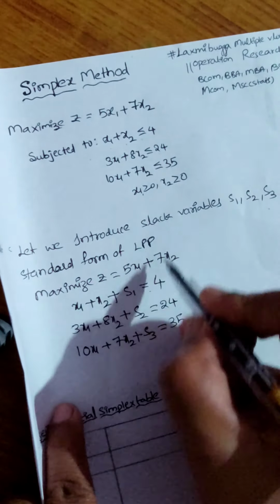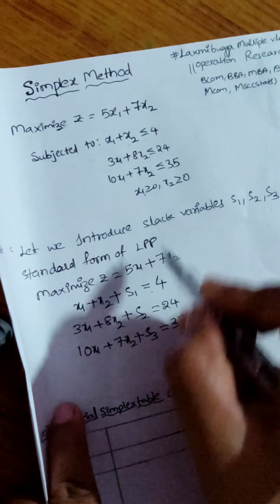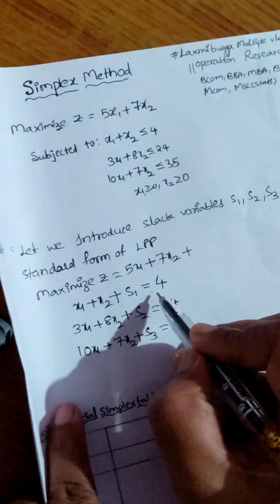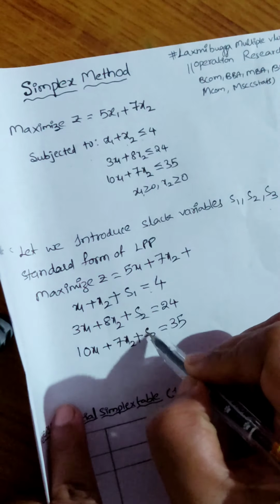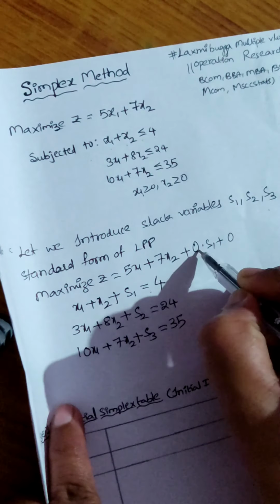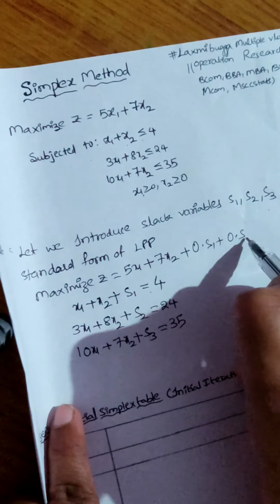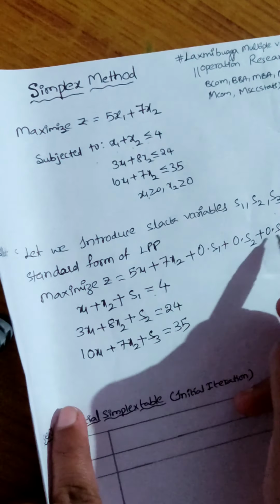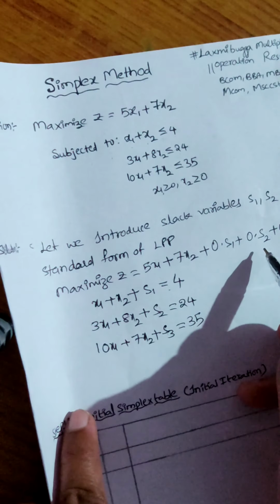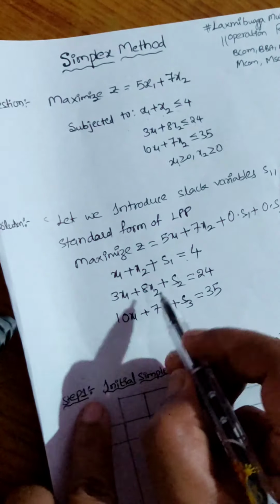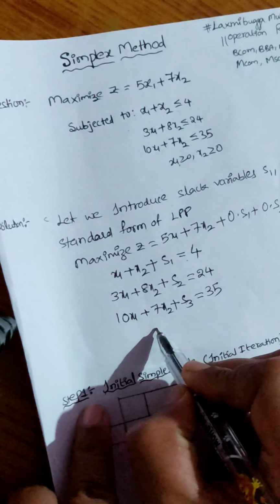Now after adding slack variables in the constraints, in the objective function we also add the slack variables with 0 coefficients: 0 dot s1 plus 0 dot s2 plus 0 dot s3. The coefficients of the slack variables are always taken as 0. So this is called the standard form of the LPP.